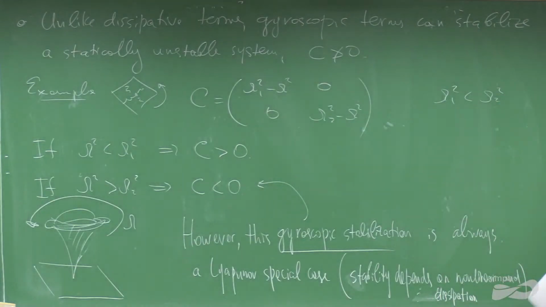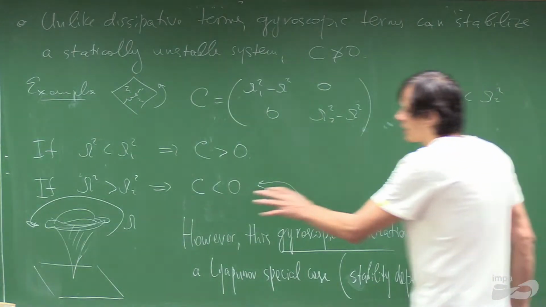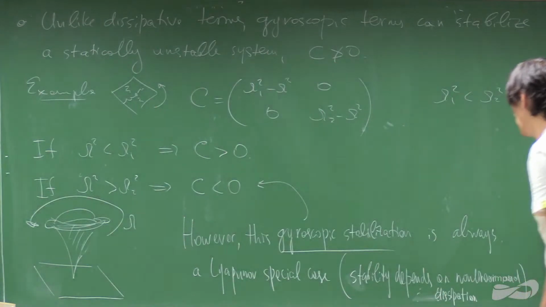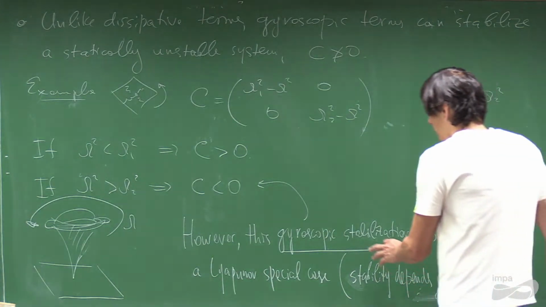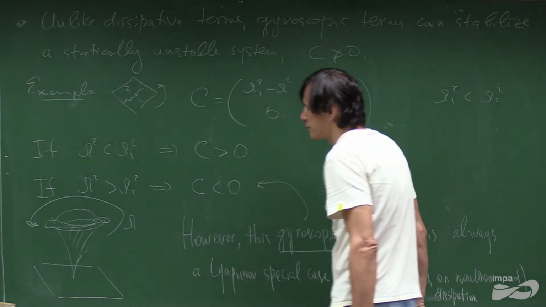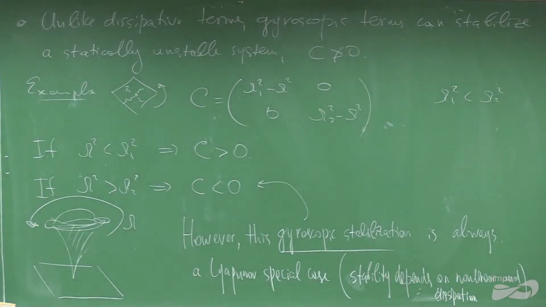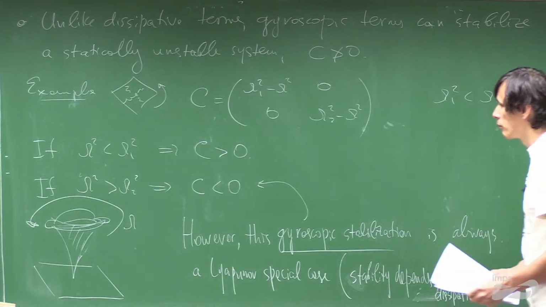When you make a linear analysis, a linearization, you find it stable, but the nonlinear terms that you neglected, or maybe very, very small dissipations that you can put, they both can destabilize the system, and this is important. You have a gyroscopic stabilization from the linearized system, and it often works. But in order to make it rigorous and guarantee that it's stable, you have to do much more complicated analysis.